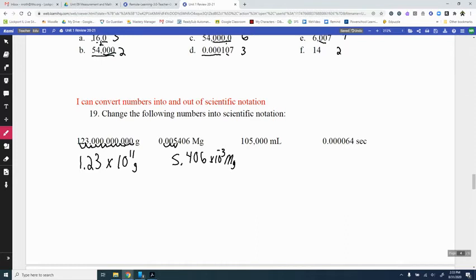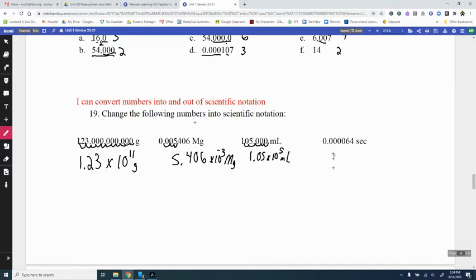All right, next one, 105,000 milliliters. Again, 1 is our first non-zero number. So 1.05 times 10. Here's the decimal, 1, 2, 3, 4, 5. So it's times 10 to the 5th. Since this is a big number, the 5th stays positive. And that's milliliters.